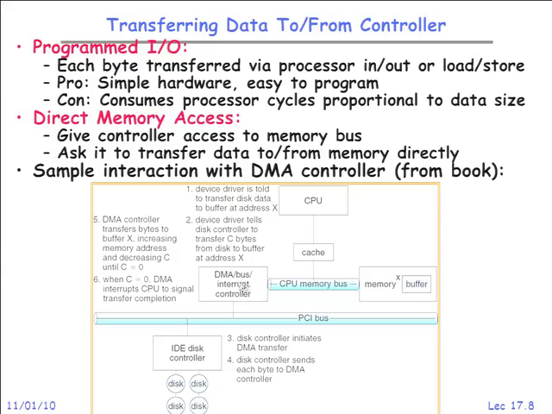So the disk is going to be doing the transfer automatically, and when we're done, when c equals 0 or the number of bytes, then the DMA controller sends an interrupt and says, okay, your transfer's done, and the data you wanted is now in buffer X, and the CPU never had to do any of the actual transferring. All it did was set up the transfer and then let it go. All right? Is everybody kind of with me on that? Question, yes?